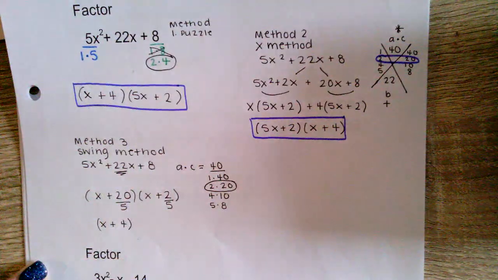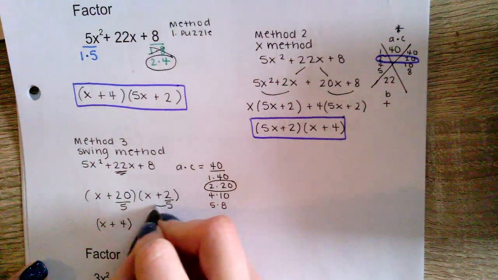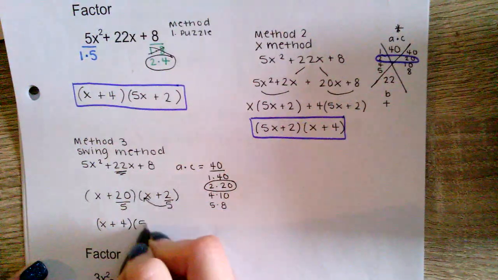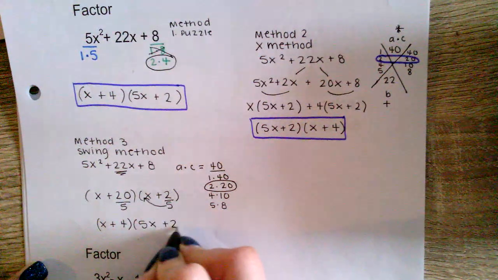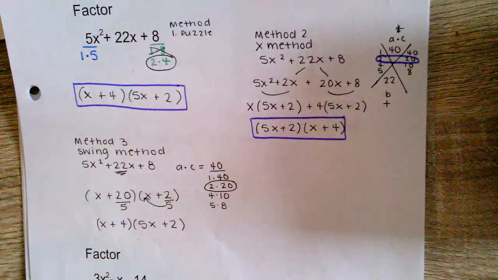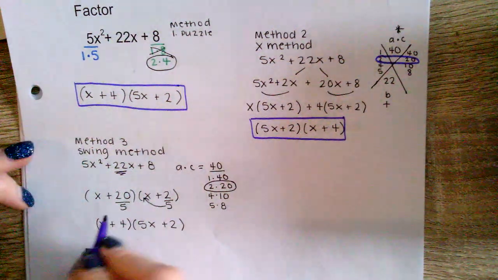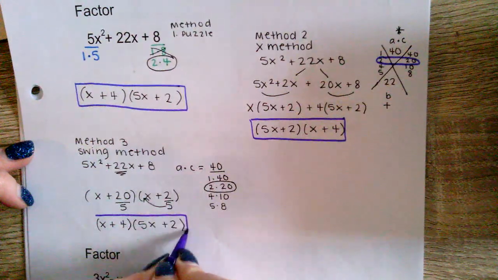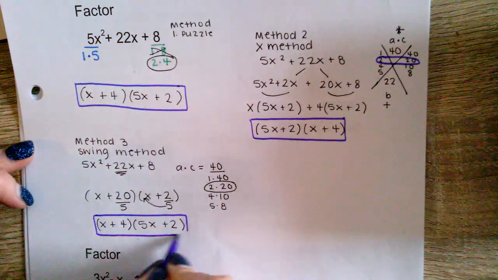So that one did simplify. But 2 divided by 5 is still a fraction. So what we're going to do is swing this to the front, so it becomes 5x plus 2. And now you will notice that our answer, again, matches our other 2, which means it is the correct answer since we double-checked it with our multiplication. And that's our final answer.